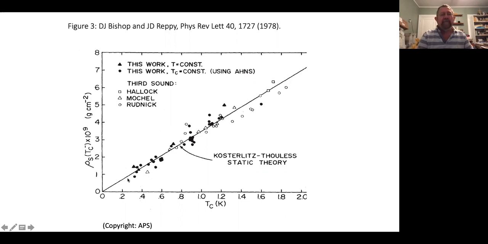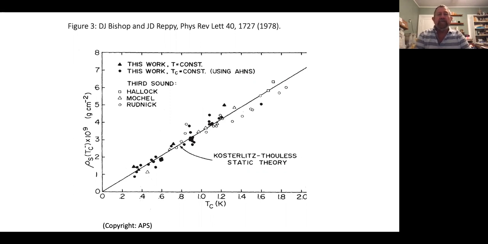And so the theoretical prediction for rho s, the superfluid density just below TC divided by TC, is exactly this solid line, whose slope is predicted by the Nelson-Kosterlitz prediction.